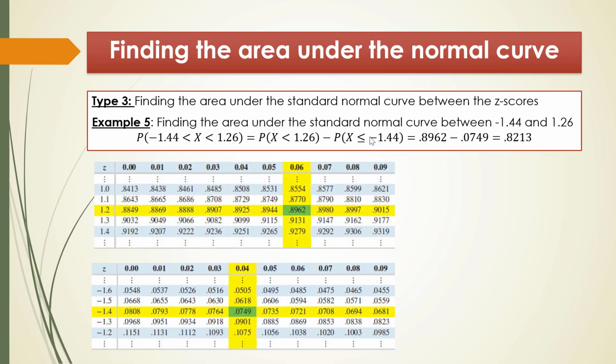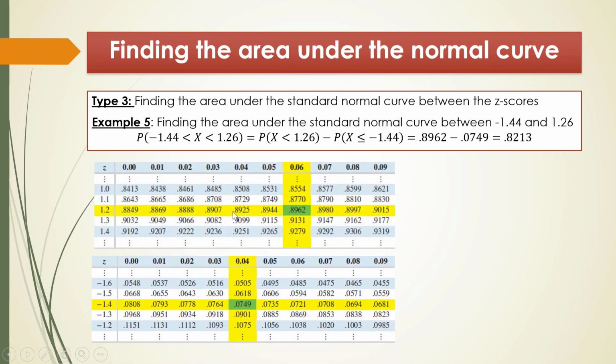If you look at the z-score table, the area to the left of 1.26 is 0.8962, and the area to the left of negative 1.44 is 0.0749. So we substitute these two values into the formula, and we get 0.8213 as the area between the two z-scores.